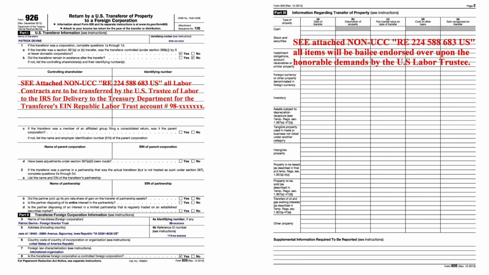Right. And then basically you just attach a copy of your non-UCC to it, and say, here, have at it. Because it seems like most of the other stuff really didn't apply. No, we're not going to worry about it. We're just going to make it just transferor and transferee and say here.